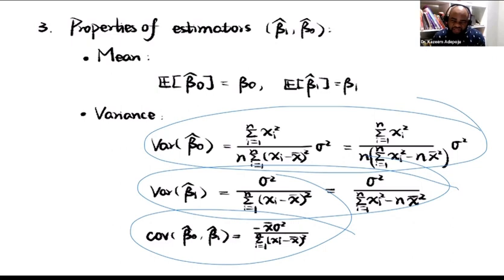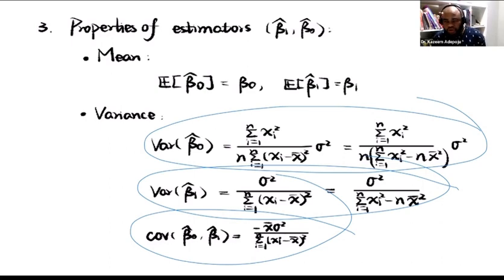Without deriving the variance of beta naught cap and beta one cap, we cannot move forward. There's no way we can conduct any statistical inference on beta naught or on beta one. When I say statistical inference, we may want to test hypotheses about beta naught, and we may want to test hypotheses about beta one.